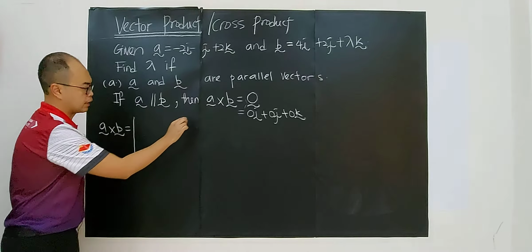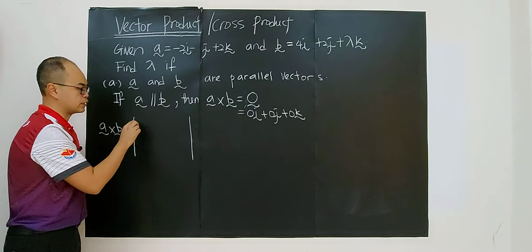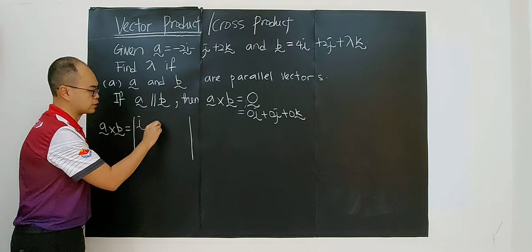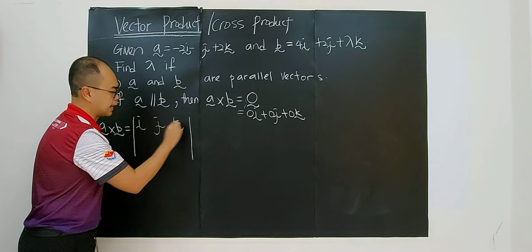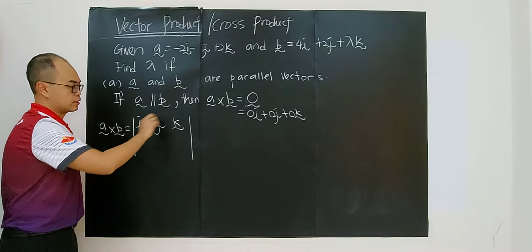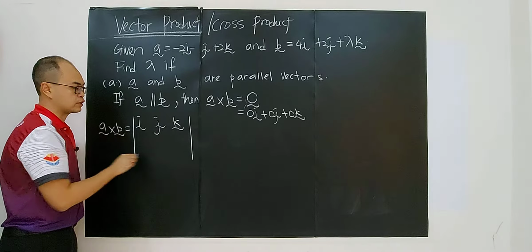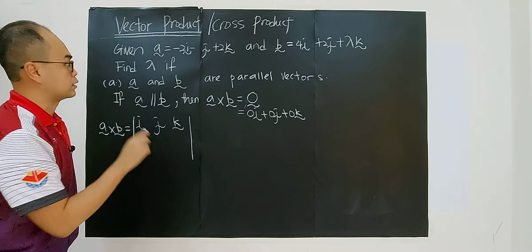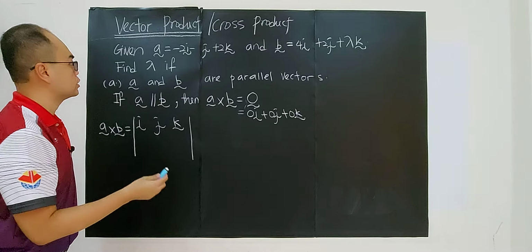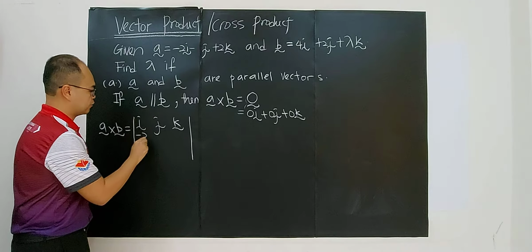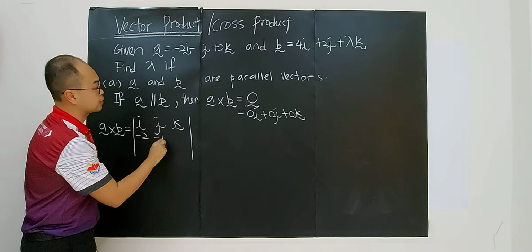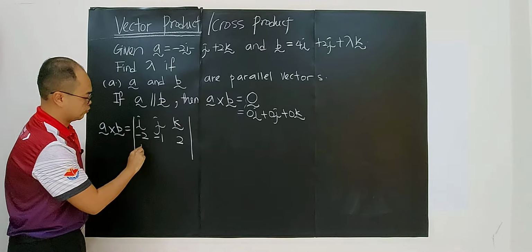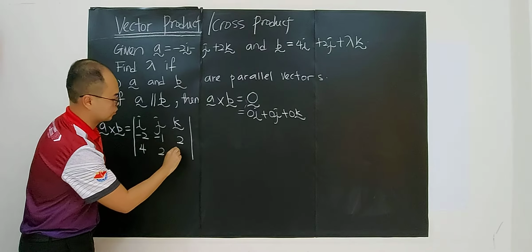That means I use the definition of the determinant of a 3 by 3 matrix, or the expansion of the determinant. So the rows are negative 2, negative 1, 2, and 4, 2, lambda.